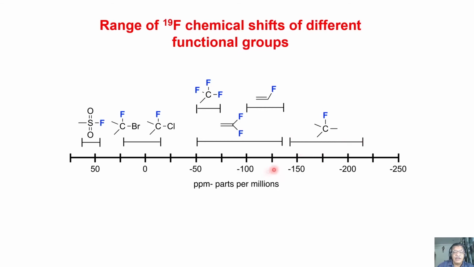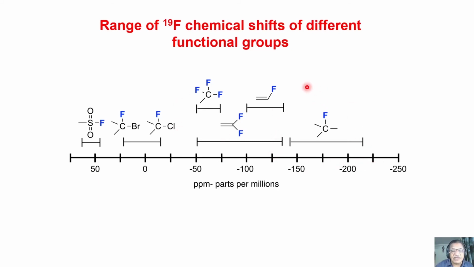Of course, remember some of the chemical shifts for some nuclei can go to negative frequency, negative ppm. See here, with respect to CFCl3, when we measure, this can go to even minus 250 ppm, and this group comes somewhere between minus 50 to minus 200 ppm. Don't ever be under the impression that chemical shifts expressed in ppm will always be positive.